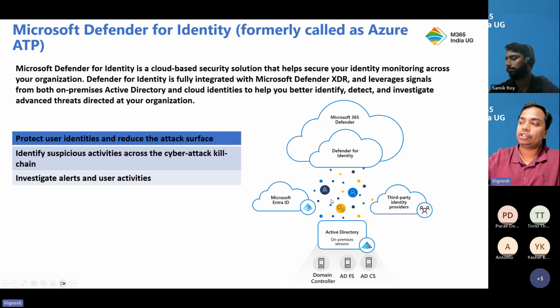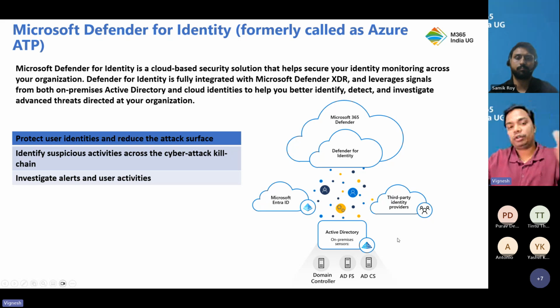In addition to that, all the signals coming from Microsoft Entra ID can also be infused into this. And it doesn't end with only your on-prem identity and your Entra ID. Even the third-party identity providers, you can get the signals from those also, and everything goes together. So this product is meant to completely secure and take care of your identities.